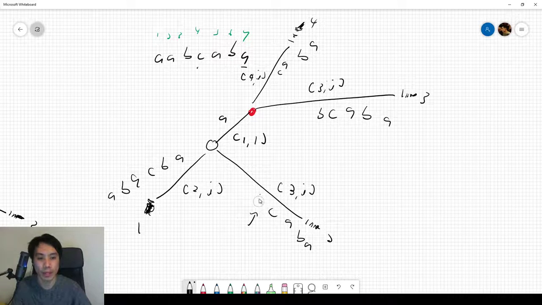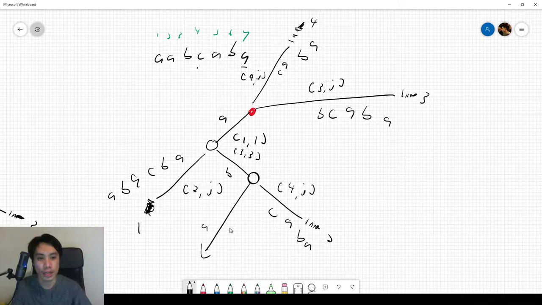But my next alphabet doesn't have a B, so I'm going to put a B here, break this off, put here as 3, 3. Here will be the next number, which is my 4, right? Break this off, put this as a 7I, okay? Draw my suffix link, okay? This is my suffix link.